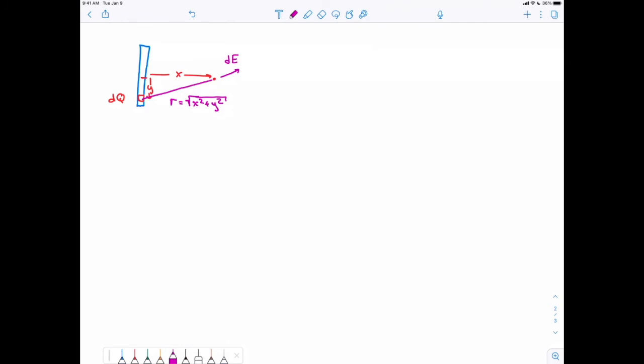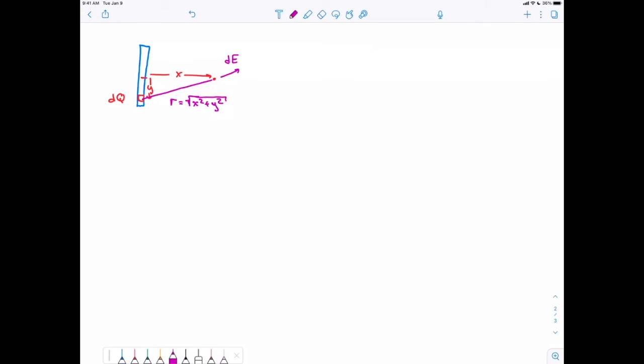The d here means there's a little bit of electric field coming from this little bit of charge. This is not the entire electric field from the rod, it's just a little chunk of it. When I have a little chunk of something, I put that d in there, right? So you see there's going to be some calculus involved.